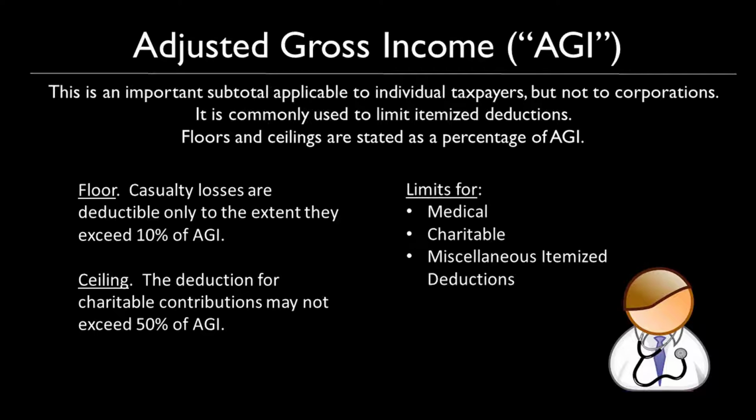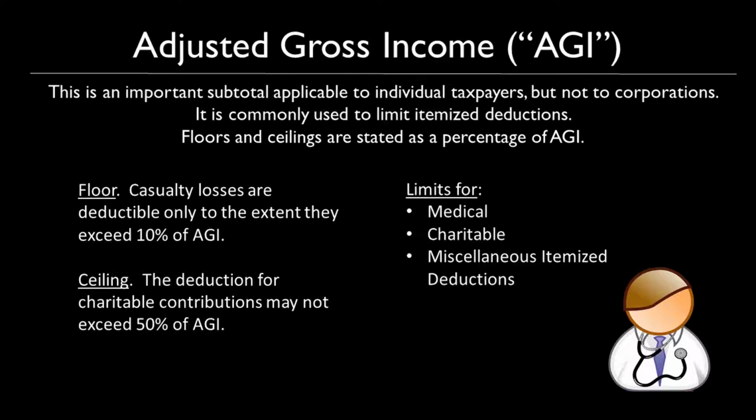This is an important subtotal that only affects individual taxpayers, not corporations. It is commonly used to limit itemized deductions and create floors and ceilings for the ability to take a particular deduction. So a floor, for example, in casualty losses are only deductible if they exceed 10% of AGI.